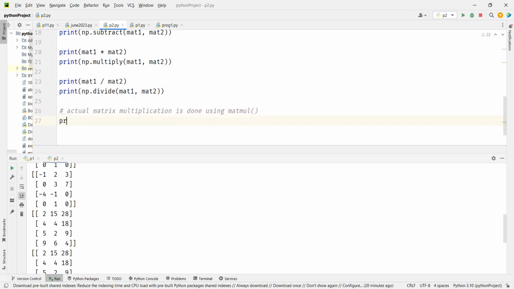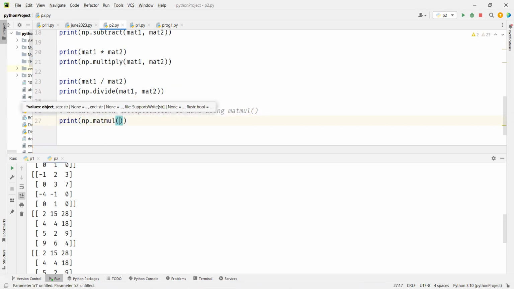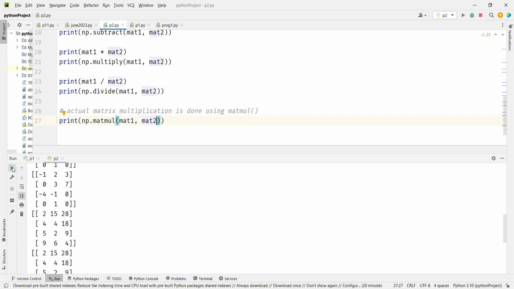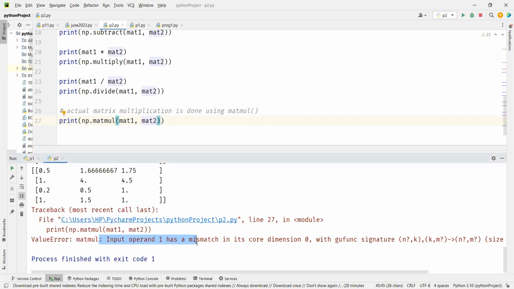So here if I try to say np dot matmul, mat1 comma mat2, it will give you an error: operand 1 has a mismatch in its core dimension. It says n k m, n into k and k into m. This k is not the same. So n into k times k into m should give us n into m, and this k, obviously they are not the same. That's why you get an error.